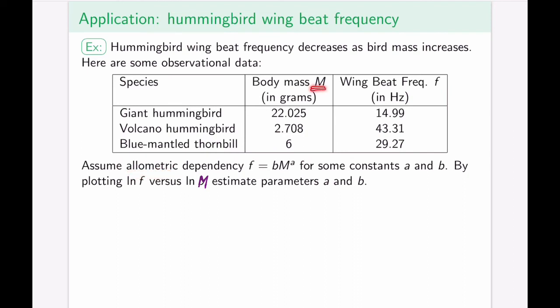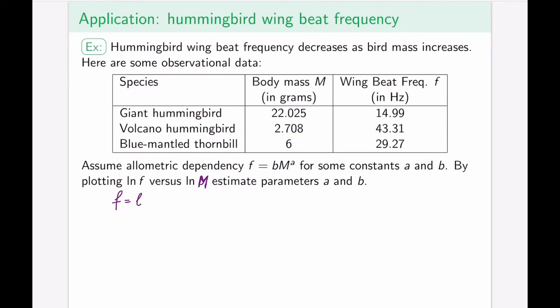So we have body mass M, and wing beat frequency f, and they are connected by this exponential relationship with a and b as some sorts of constants. And our mission in this particular application is to actually find the values for the a and the b. So we're going to start with the relationship that we're given.